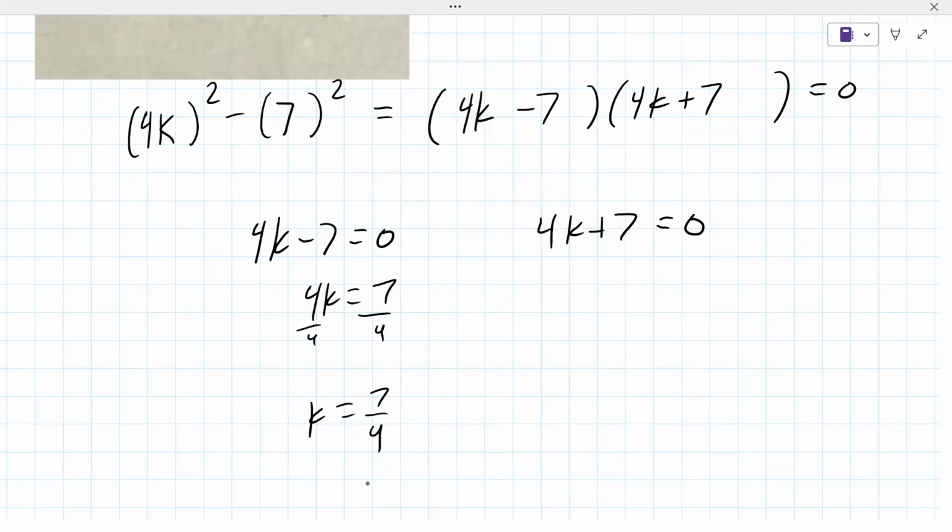All right. How about the other one, the one on the right there? Could you solve that for us, please?